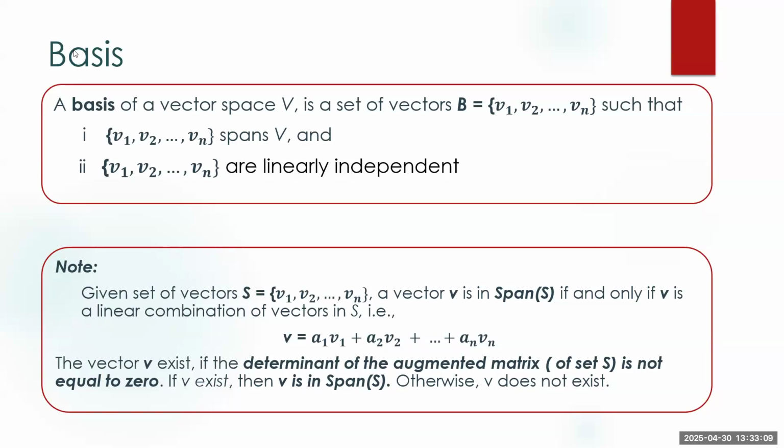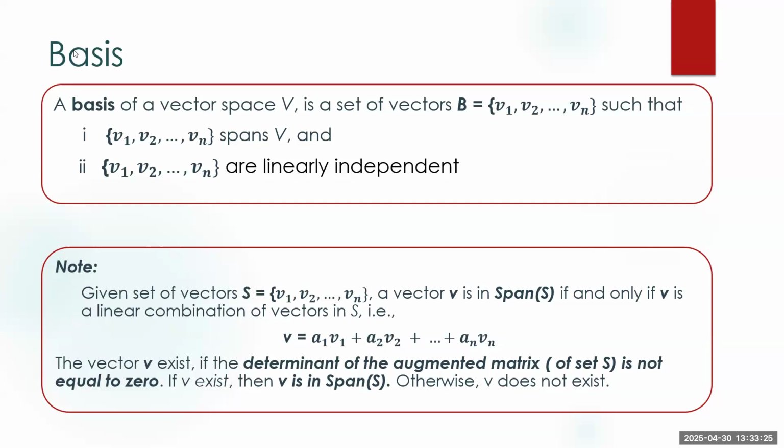So last meeting again, we talked about how to identify if a vector spans a vector space and how to determine linearly independent vectors. Now we have a note for this discussion.